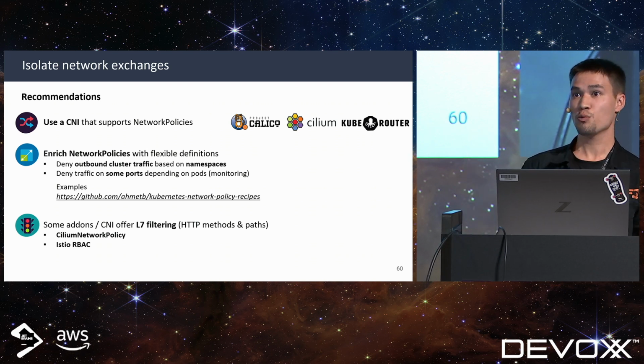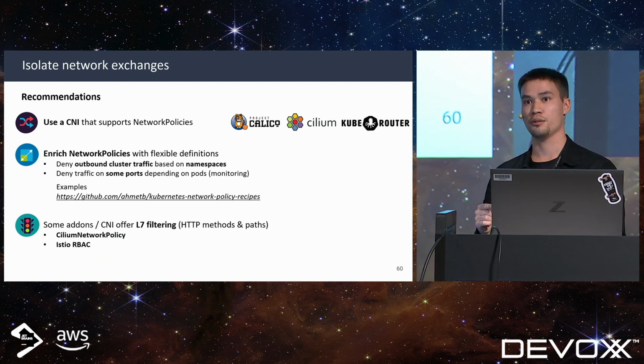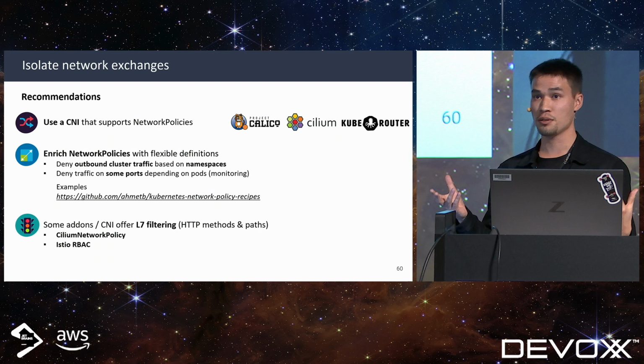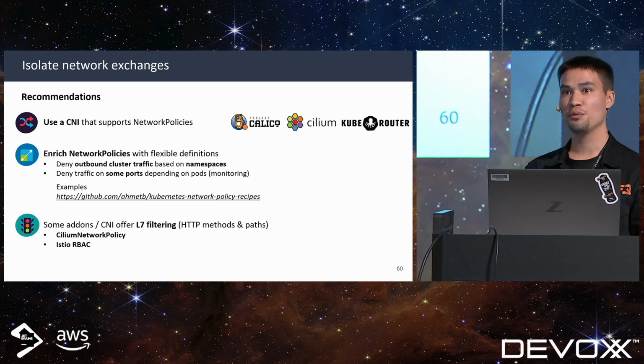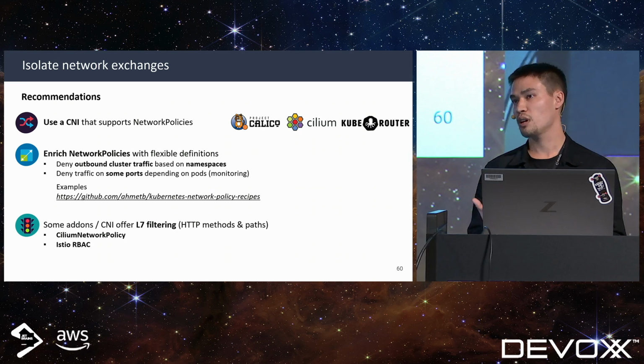And with this last part, we have now restricted the network communications inside the cluster. Because Vincent mentioned, everything is open by default, meaning that if you have 10 teams working on the same cluster, if you don't do anything by default, they are able to talk to each other, which is not awesome.